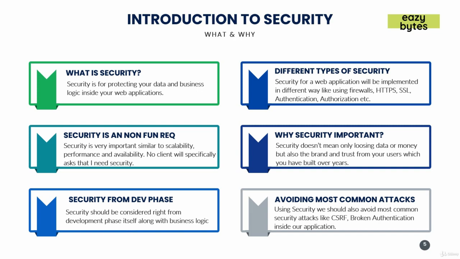For now, please try to understand that security is very important inside our application. For that reason, the Spring team came up with a dedicated framework focusing on security alone, named Spring Security, which will make developers' and architects' lives easy in achieving authentication and authorization inside our web applications.